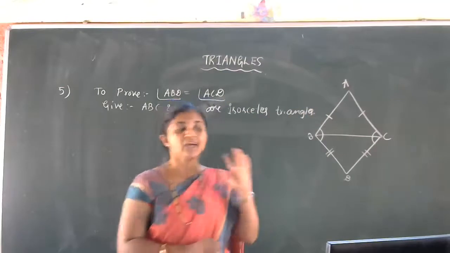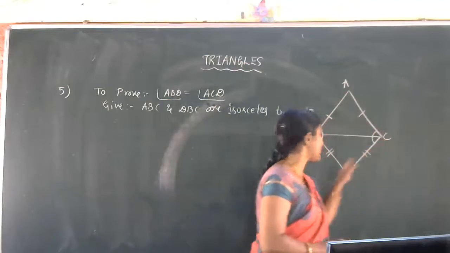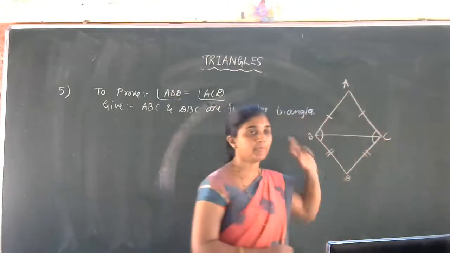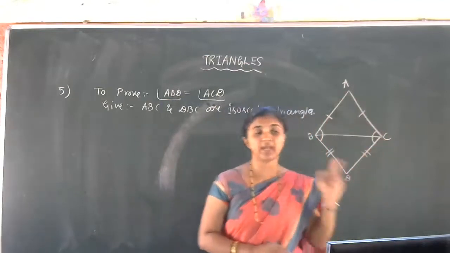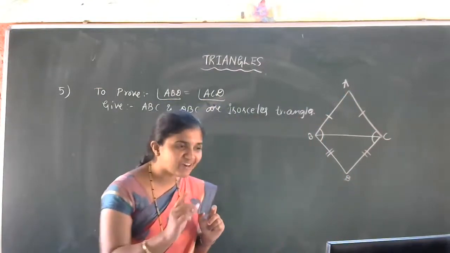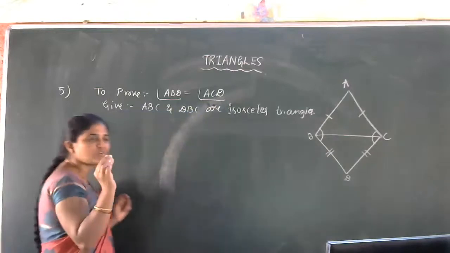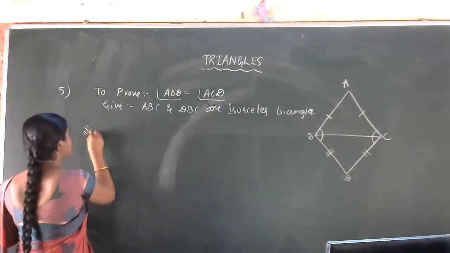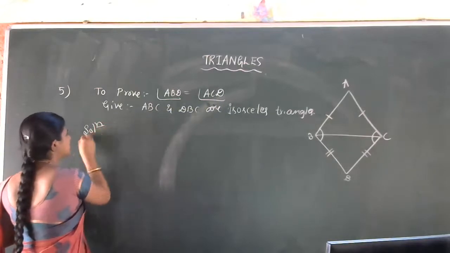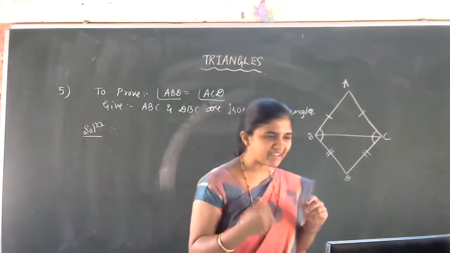Is that clear, students? ABC is an isosceles triangle with AB equal to AC, then angle ABC is equal to angle ACB, equation number 1. Then BDC is an isosceles triangle with BD equal to DC, so angle DBC is equal to angle DCB, equation number 2. Be very careful while writing these, taking the same LHS and RHS.